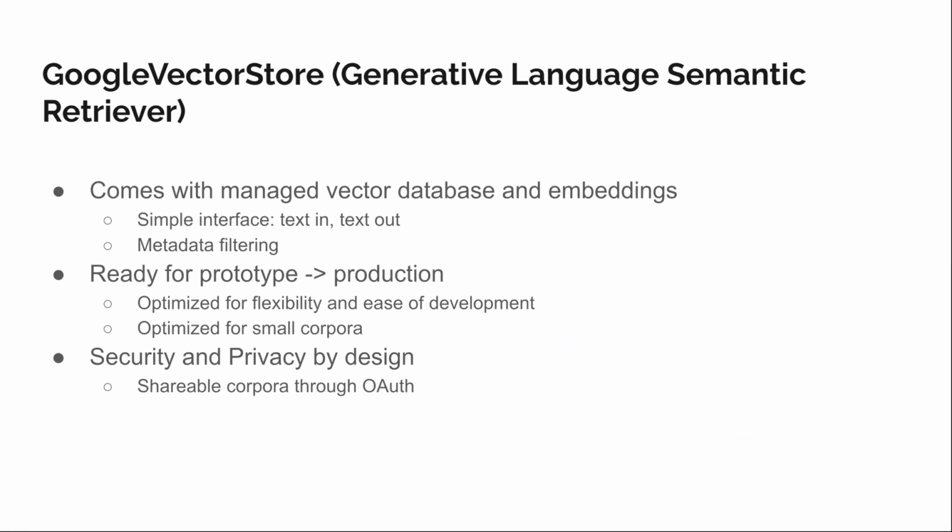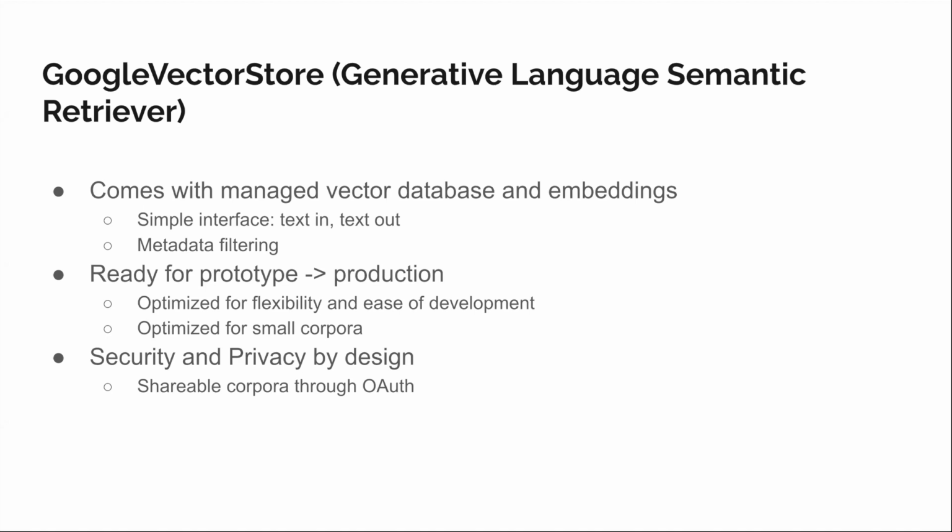It's important to note it's optimized for small corpora of 1 million chunks, which, to give some context, is about 2,000 novels, assuming 85,000 words per novel and 250 tokens per chunk. It's also secure and private by design, with the corpora shareable to other developers through OAuth.